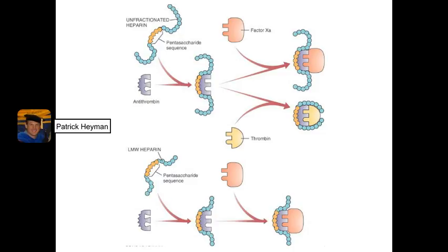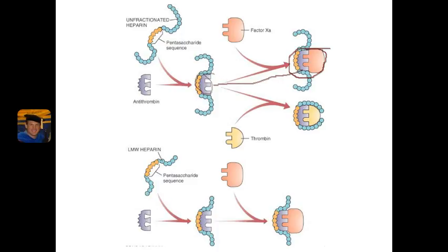This little figure is kind of like an illustration of how heparin works. So right here we have the active portion of the heparin. Right here we have the antithrombin molecule, and you'll notice that heparin gets together with antithrombin. Then it's going to bind to factor Xa like this. Pretty simple.